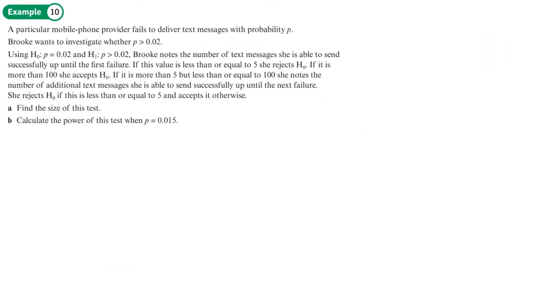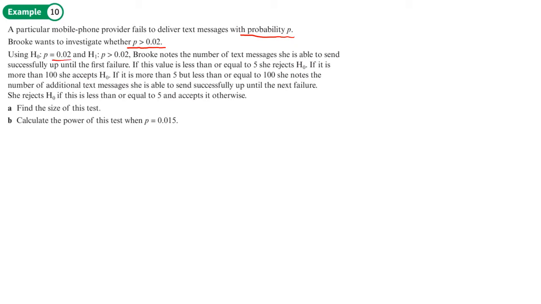Okay, a particular mobile phone provider fails to deliver text messages with a probability of P. Brooke wants to investigate whether the probability of these failed text messages is greater than 2%.